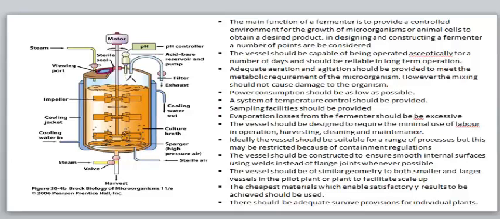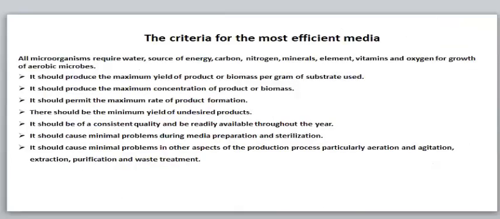Now, the criteria for the most efficient media. The media should produce the maximum yield of product or biomass per gram of substrate used. The media should permit the maximum rate of product formation. The media should be cost effective.